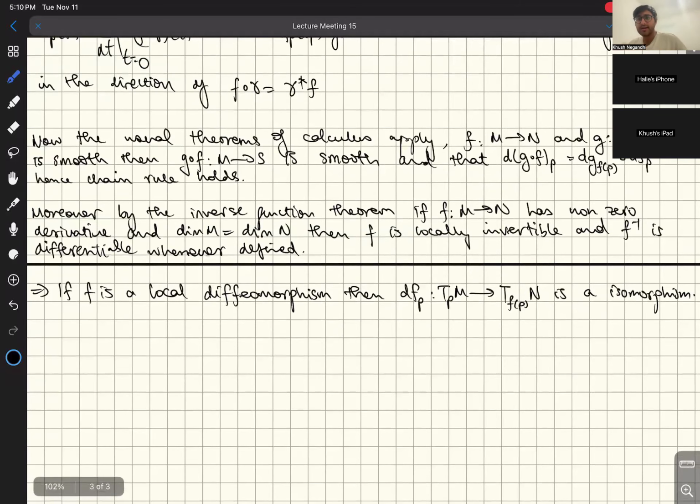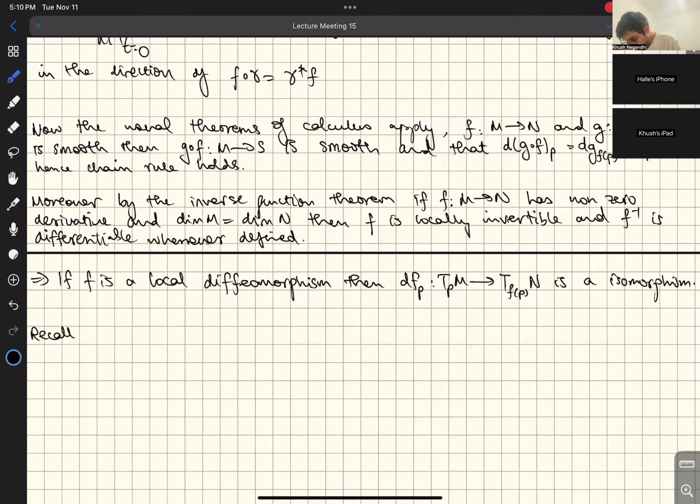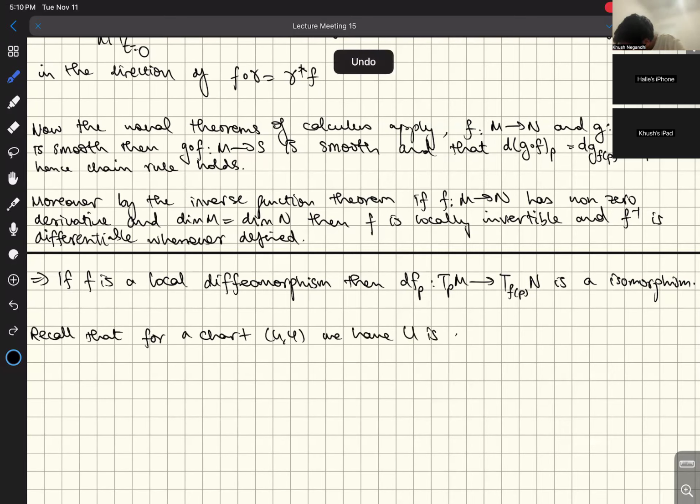But this is great news for us because if you recall, for a chart (U, phi), we have U is diffeomorphic to phi of U. Right?